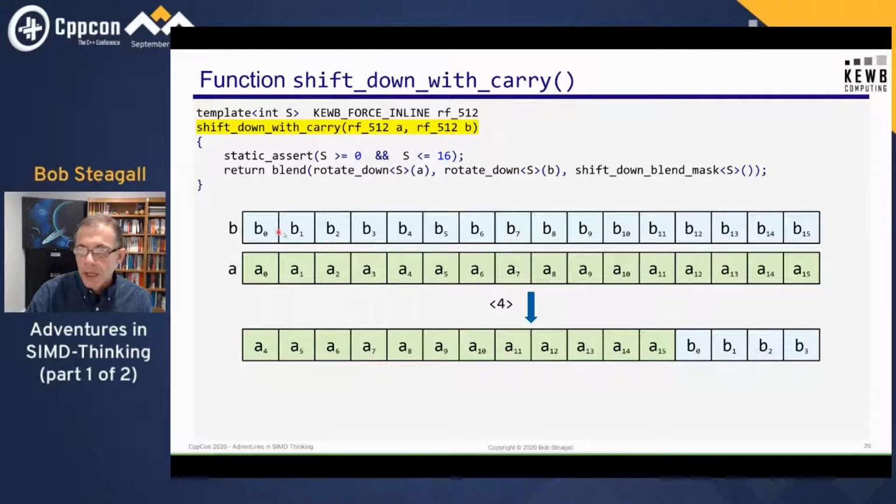So I've got B, which I think of as high, and A, which I think of as low. I rotate A down by 4 in this case, and then I take the lower 4 elements of B and put them in the upper 4 locations of A. So it's as if A and B were contiguous, and I've shifted all of the elements 4 to the left.